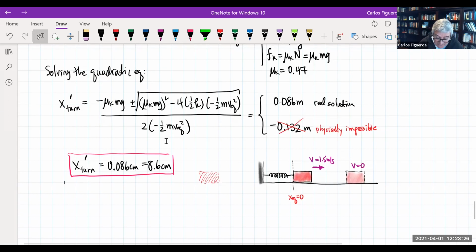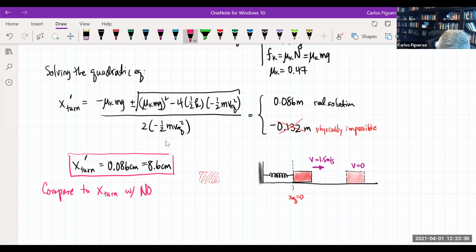Because if we compare to x turn with no friction, I think that value was 10.6 centimeters.